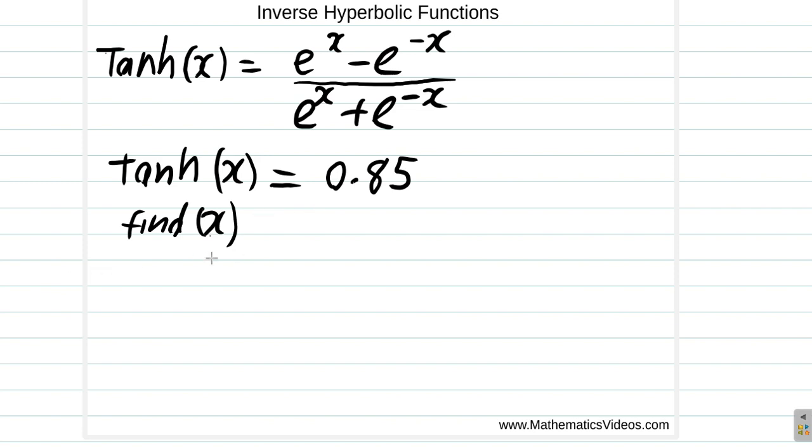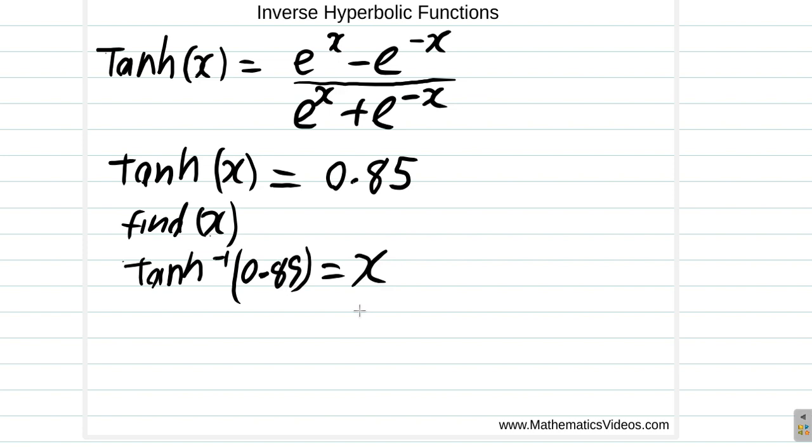Okay, so what that means is that the inverse, let me rewrite that. The inverse hyperbolic tangent of 0.85 will give you x.